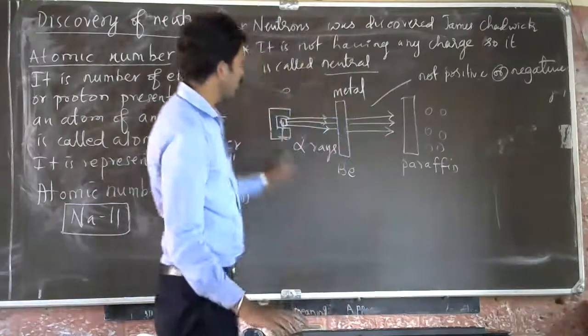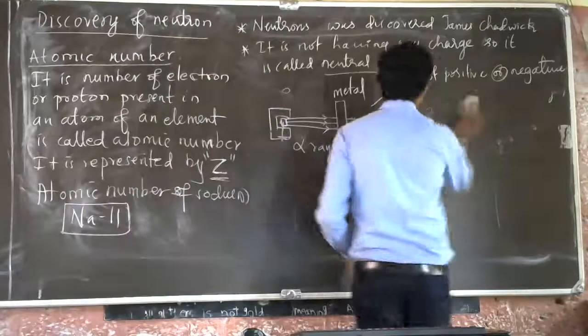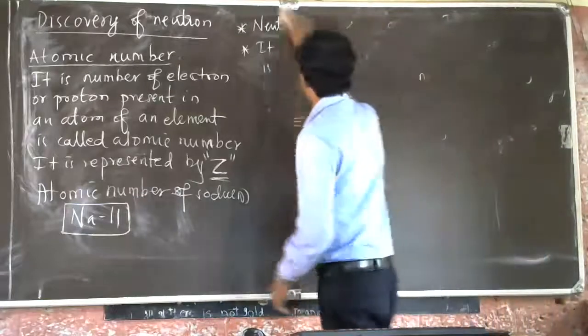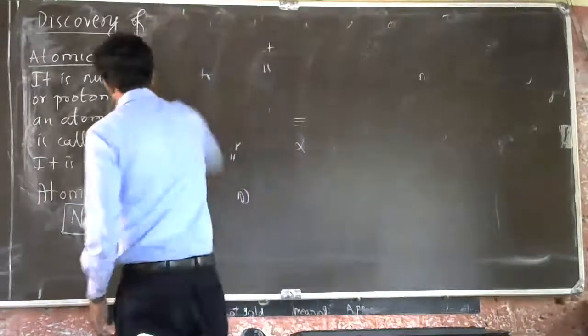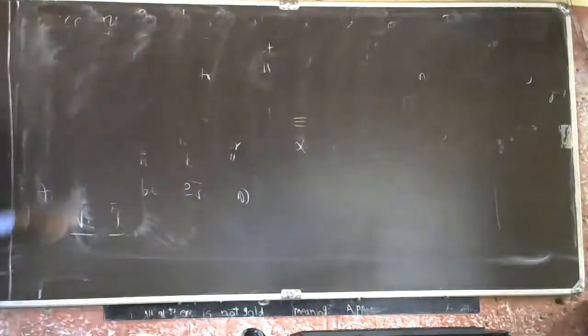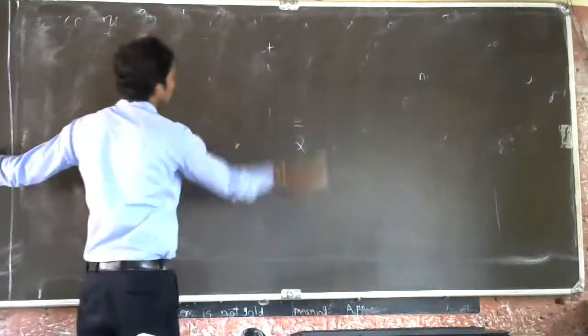So this is how the neutrons were discovered. In +1, you are going to study the same concept again in depth.